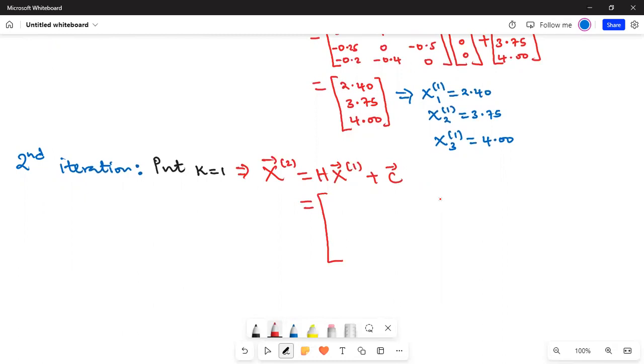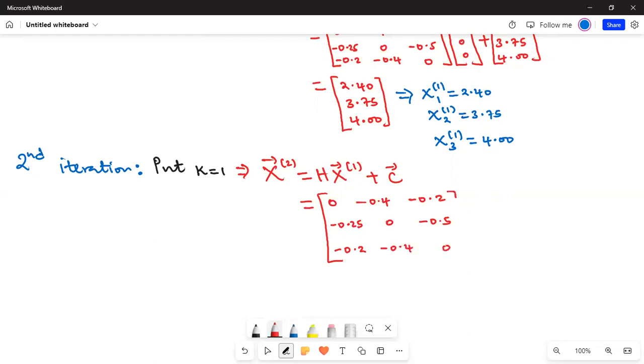That was 0, then negative 0.4, negative 0.2, negative 0.25, 0, negative 0.5, negative 0.2, negative 0.4, 0.